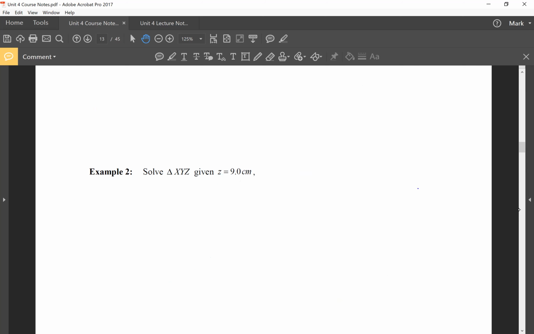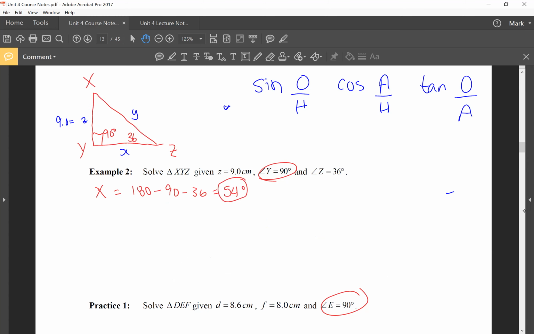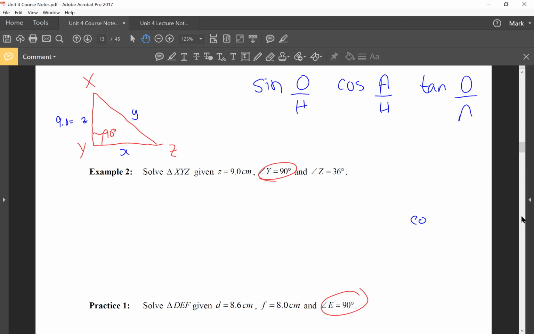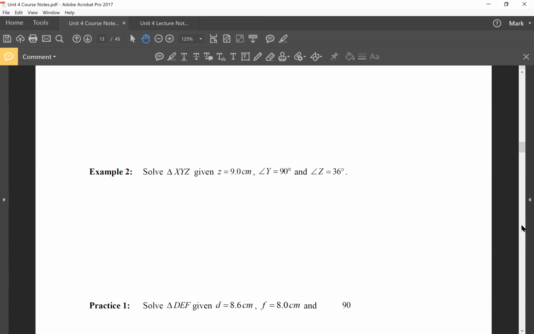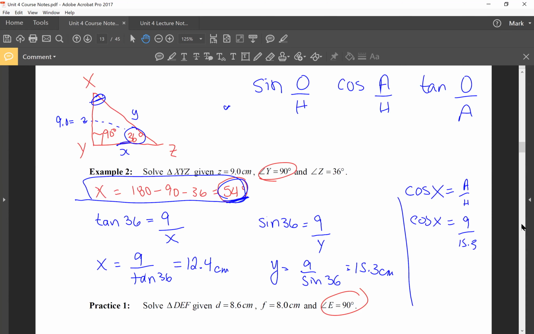I could say cosine x is the adjacent over the hypotenuse. So cosine x is, what's adjacent to x? It's 9. What's the hypotenuse? 15.3. And I could solve x this way. So this should give me around 54.